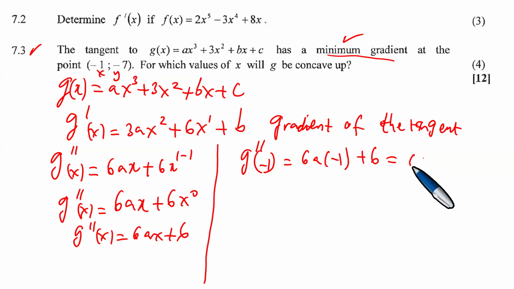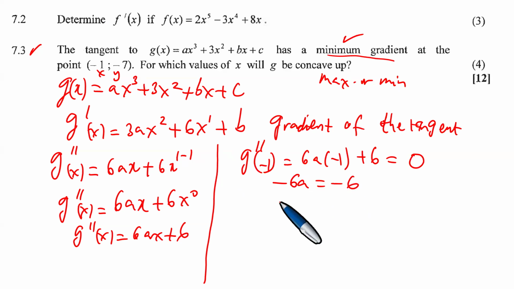Because it is a minimum, it means that the derivative must be 0. So that we have minus 6a plus 6 equals 0, so minus 6a equals minus 6.